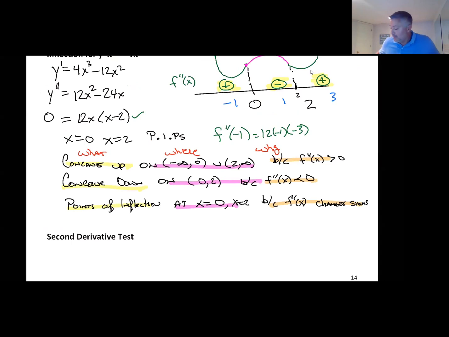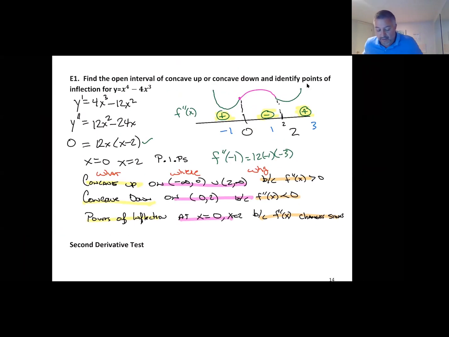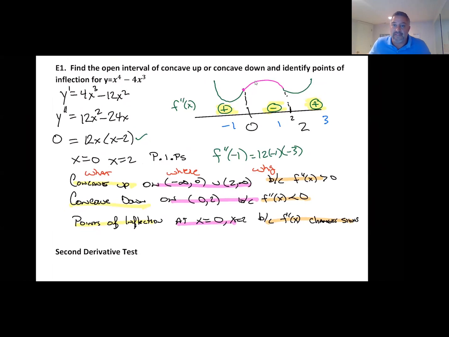Okay, so that is our first example of using the second derivative, and we have found concavity. We have not seen the second derivative test yet.